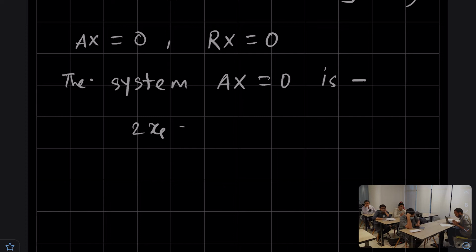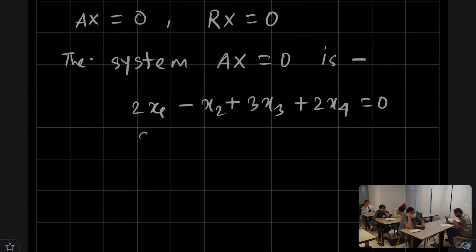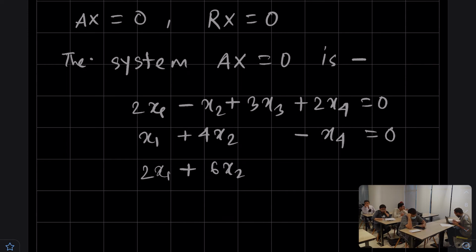So the system AX equals 0 is 2x1 minus x2 plus 3x3 plus 2x4 equals 0, x1 plus 4x2 minus x4 equals 0, and 2x1 plus 6x2 minus x3 plus 5x4 equals 0.